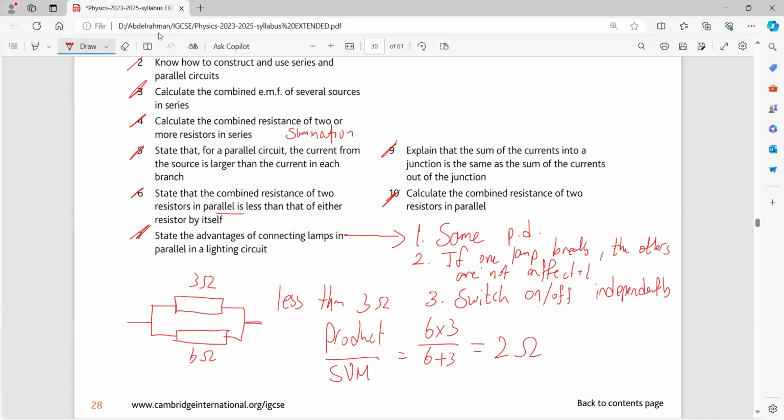Why is the same voltage an advantage? Because when I am building a new appliance, for example a new laptop or a new television set, it's much easier to construct it with the same specs. It will have a voltage of 230 volts.